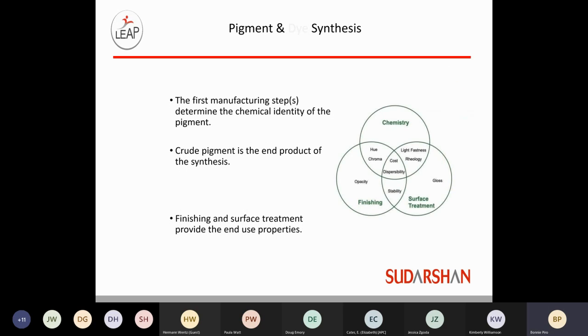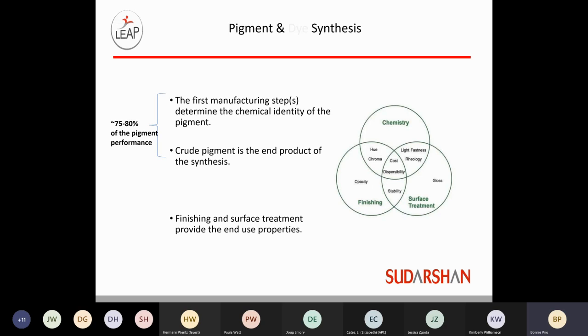So I went back to some of the pigment slides that I've used in the past, and I wanted to do a little bit of compare and contrast. For pigment, we've talked about this in the past, where 75 to 80% of the pigment performance is based on the chemistry itself, while the remaining 20 to 25% is based on the finishing treatment that is applied to that particular pigment, whether it be for opacity or for gloss, whether it be a drying process, a milling process, or a surface treatment.